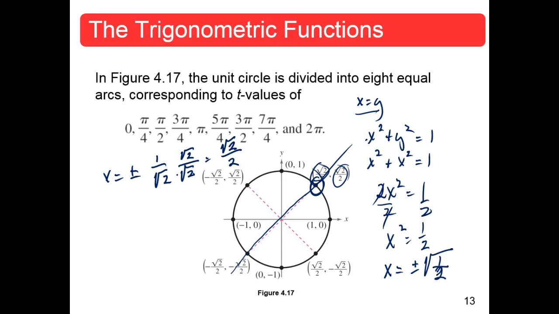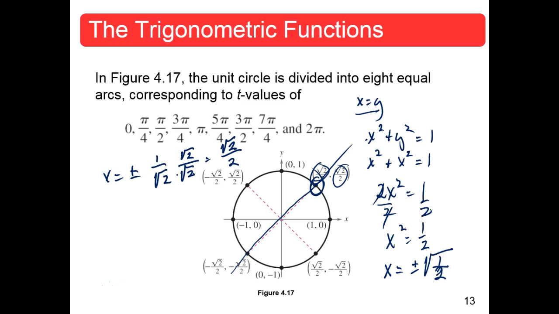So they turn out the same values, but one plus and one negative. Both plus, both negative, one positive, x negative, y positive, or x positive, y negative. So those values all the way around it. So we know not just 4 points on the unit circle, now we know 8 points on the unit circle.